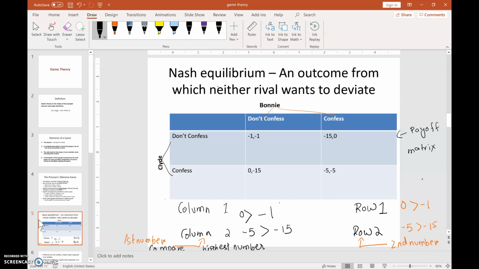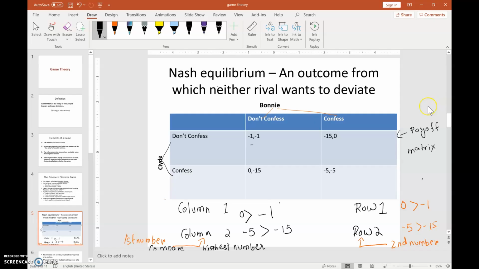Now let me explain box 1. It is going to make things easier to understand. So if Clyde chooses to not confess, he gets 1 year of jail time, and if Bonnie chooses to not confess, she gets 1 year of jail time.